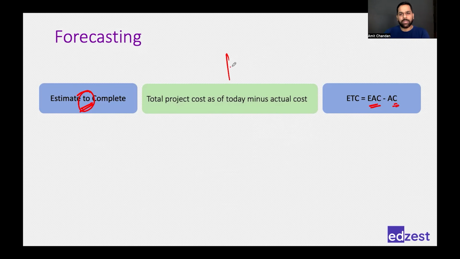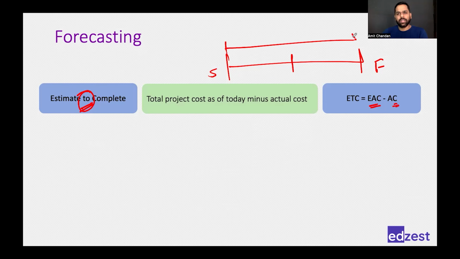Okay, so if I look at my timeline, if this is my start of the project, this is my finish of the project, and let's assume that this is my revised budget, estimate at completion. This is my actual cost, I already know. And this is my estimate to complete for the remaining period of the work. So if I have to calculate my estimate to complete, I'll subtract my EAC minus AC.